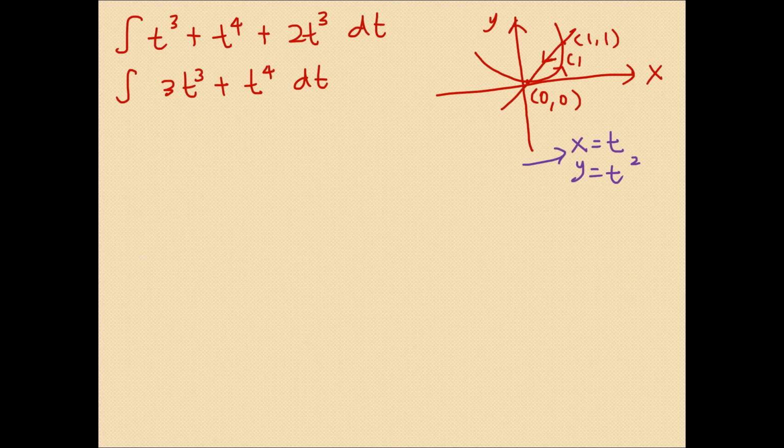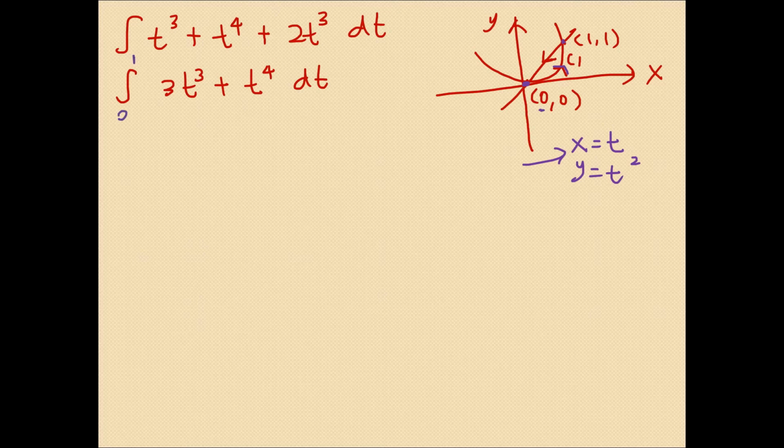You take x equal to t in the first step of parameterizing the equation, so that the limit will be based on the point of x. So the arrow is from this point to this point, right? So counterclockwise. Of course the limit will be from 0 to 1.